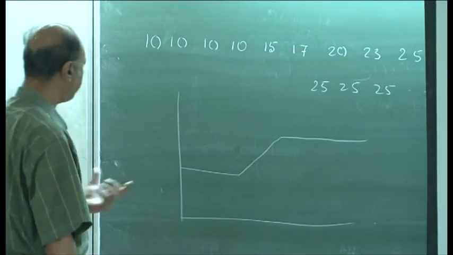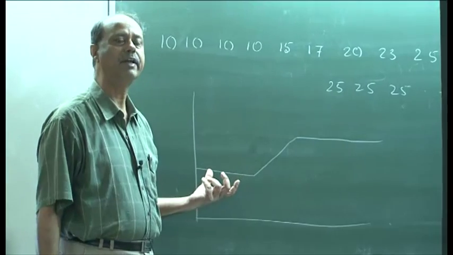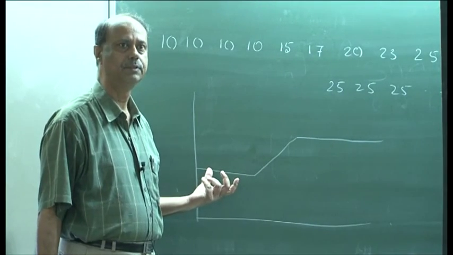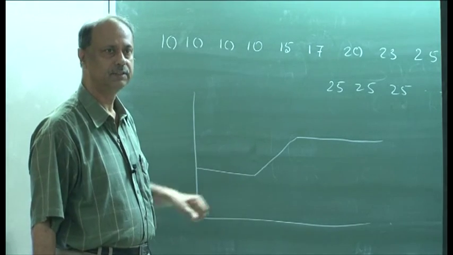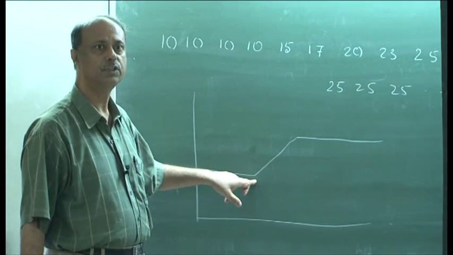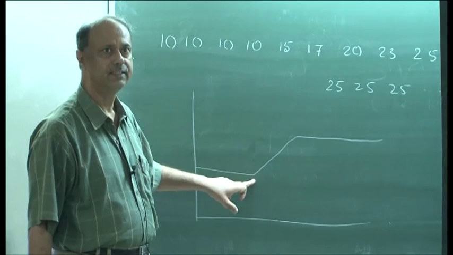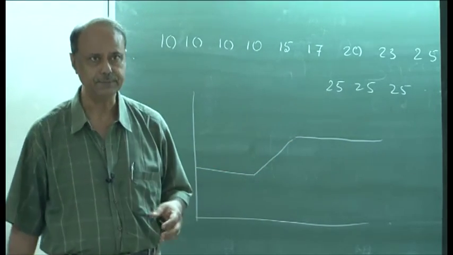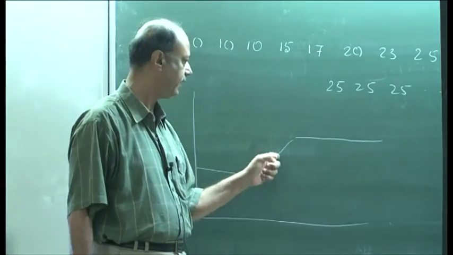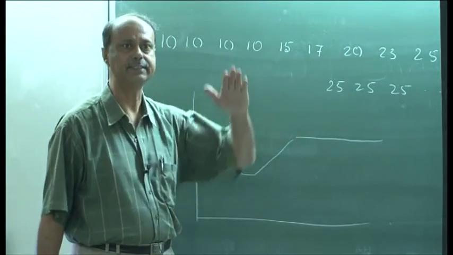So, what is the behavior here if I think about the derivatives? What is the behavior at these points, the discontinuity points, or in this area where it increases, where the ramp is?